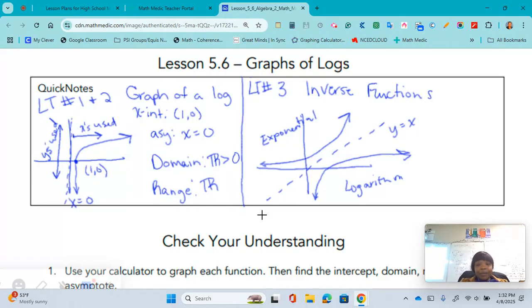When we talk about exponentials, when we get a coordinate (a, b), that coordinate for the logarithm will be its opposite, (b, a). And that's it. We're going to do some check your understanding, and then we're going to do some Delta Math.